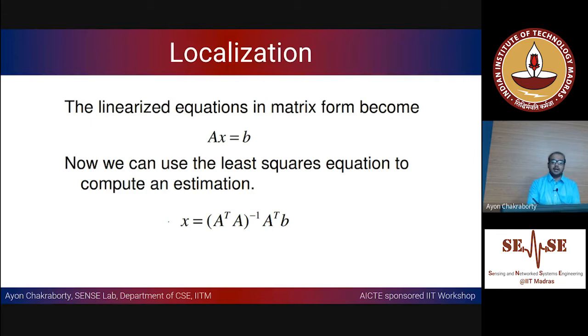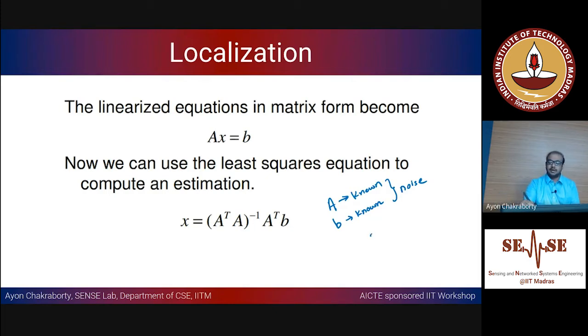So instead of giving an exact solution, or not giving a solution because of noise, you can use something like this: A transpose A inverse multiplied by A transpose B, right? So A is known here, B is also known, but the catch is that there is noise in all of them. So not only the ranges, your location of the beacons could also have some noise.